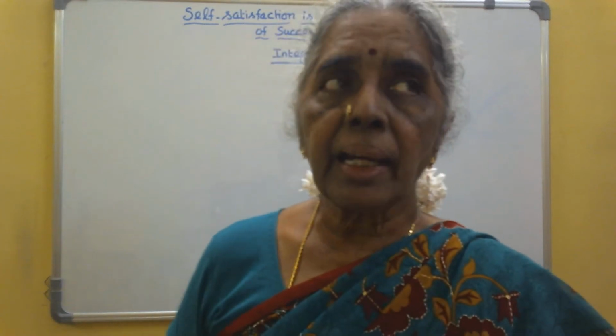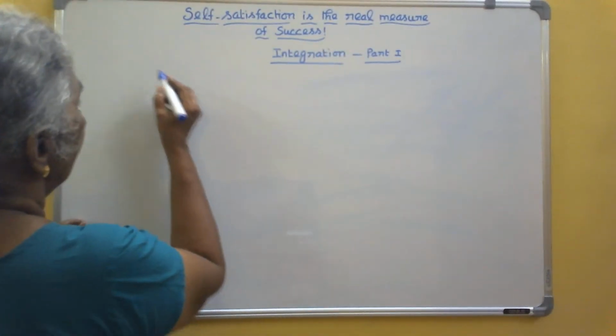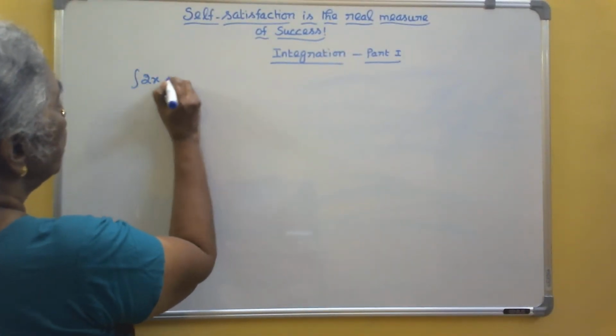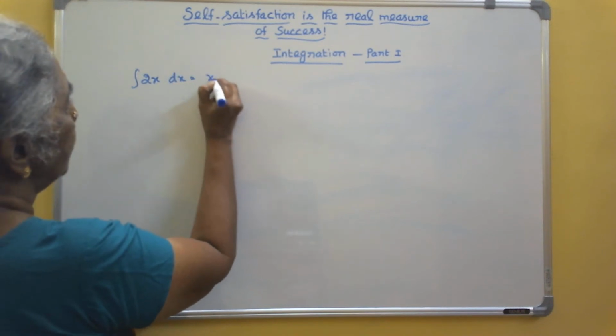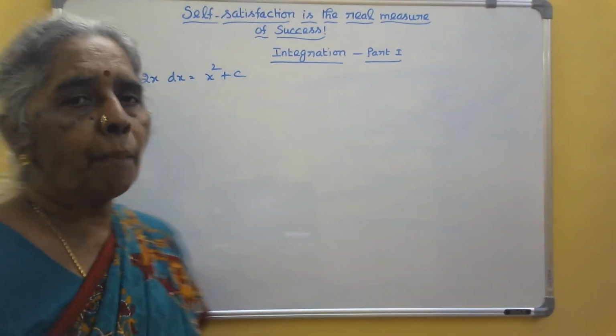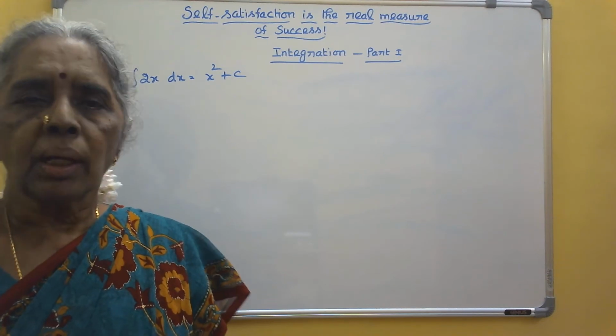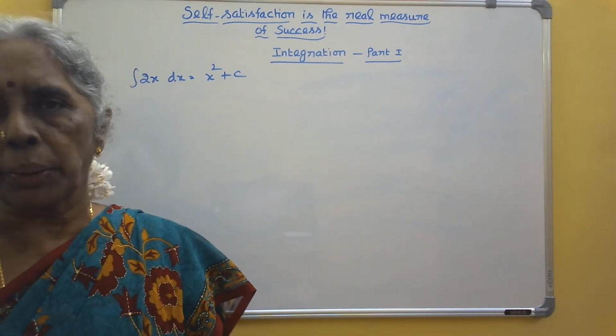Now, I gave you this example, that is, integral of 2x dx is equal to x squared plus c, isn't it? Now, that c can take any value, I told you.